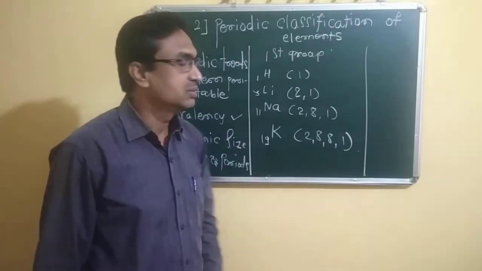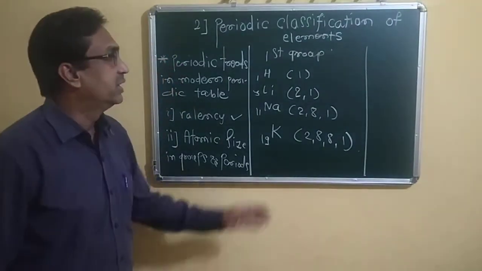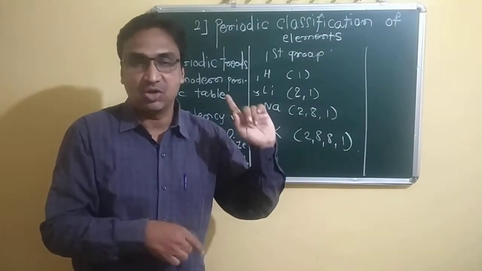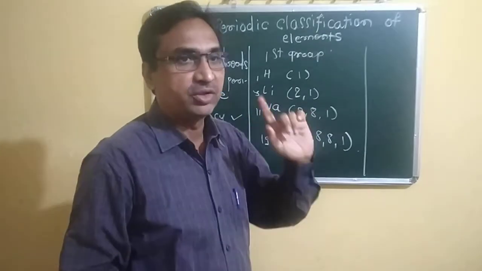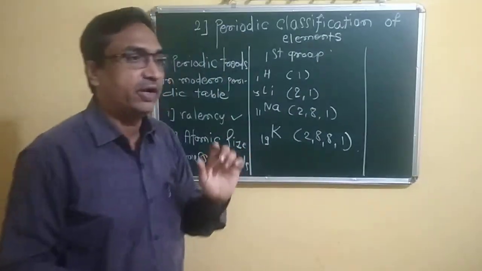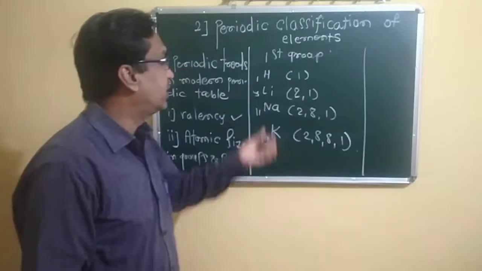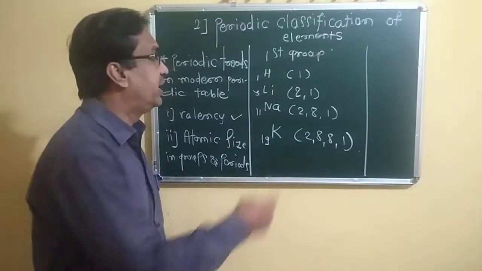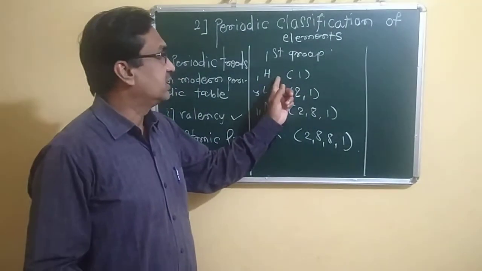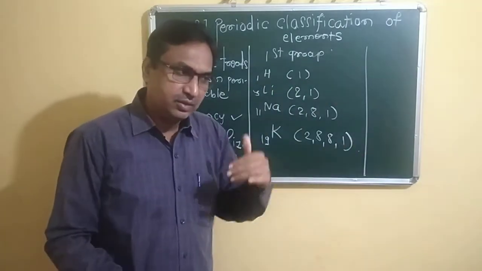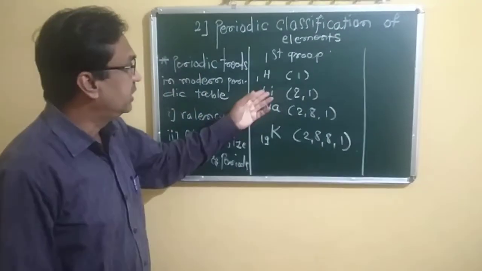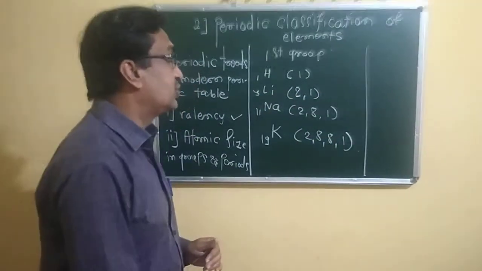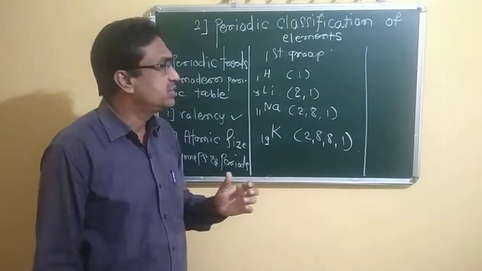Why is it plus 1? It is better to donate one electron instead of taking 7 electrons to fulfil its octet. According to the octet law, every element tries to fill its outermost orbit, so hydrogen has to complete its duplet; it requires 1 electron, or it can also donate 1. Lithium can donate 1 electron instead of taking 7, which is not easy.